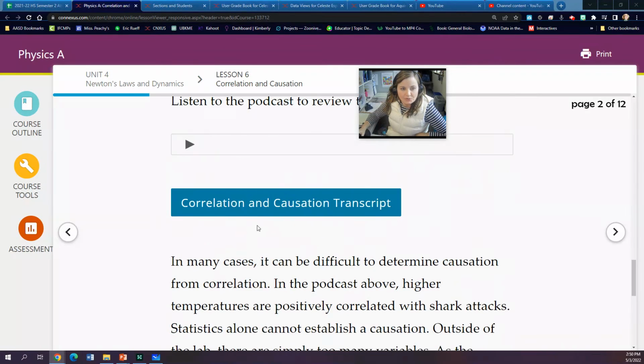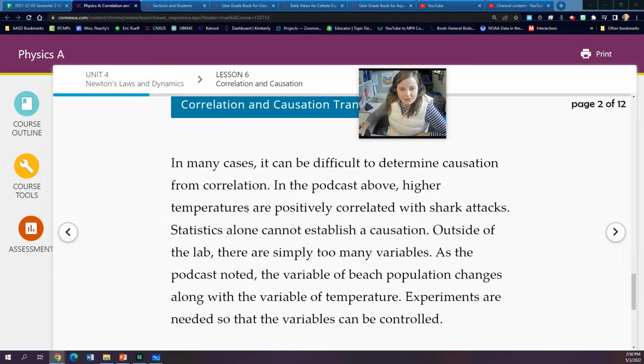It is going to direct you to listen to this podcast where it talks about increasing temperatures in the ocean correlated with an increase in shark attacks, and how they can see that one is related to the other, but again, not directly sure if one causes the other. And in science, it's really difficult sometimes to determine causal relationships or causation simply because there's so many variables in the natural world.